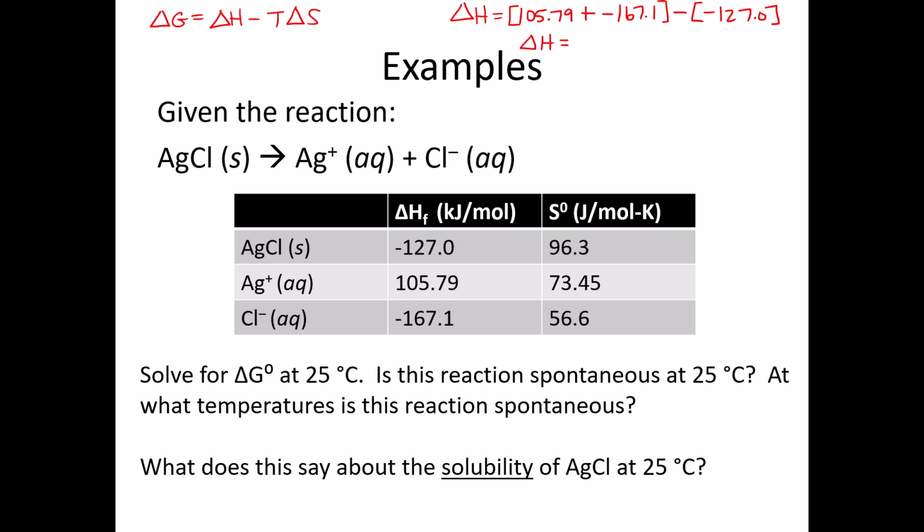So our delta H value ends up being 65.7 kilojoules. So positive value, endothermic.